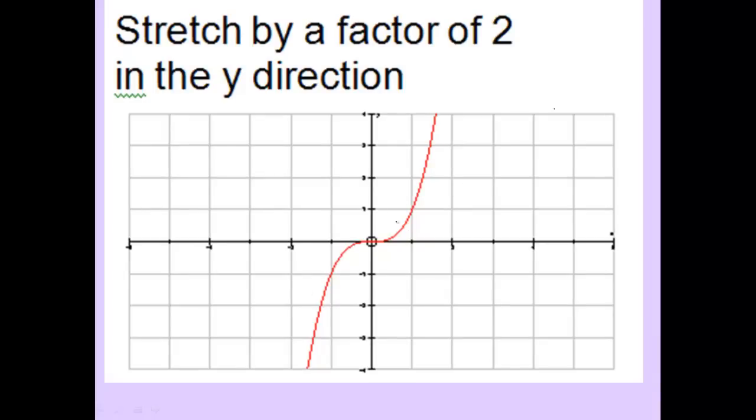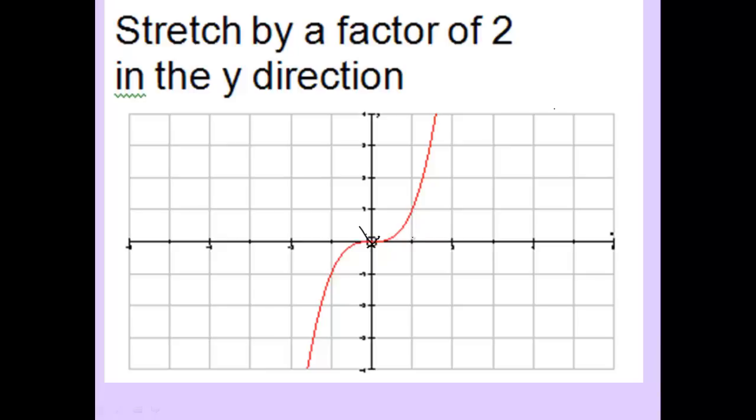Now we'll look at the 2 stretches. This time, if we start at the origin, at this point here, actually, because we're stretching in the Y direction, we're stretching the distance from the X-axis, we're doubling the Y value. Because the Y value is 0 here, that point will stay the same.